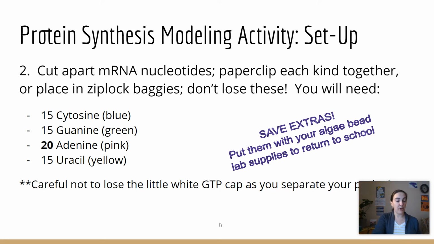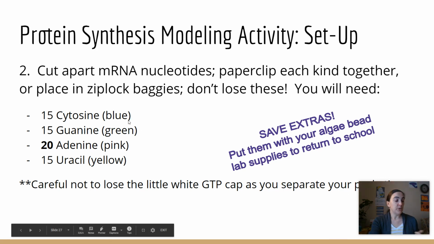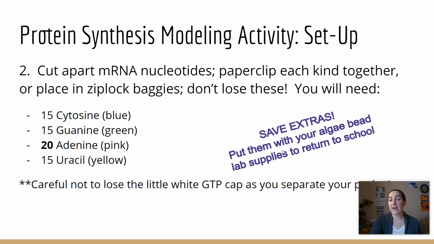So either paper clip all of your C's, all of your A's, whatever, or put them in little baggies or something so you don't lose them. Okay. So cut those all apart. And like I said, save the extra. You should only use probably half of each of these pieces of paper. Save the other half, put them with your algae bead lab. So you have a pile of all your stuff that you'll be bringing back to school in a couple weeks.